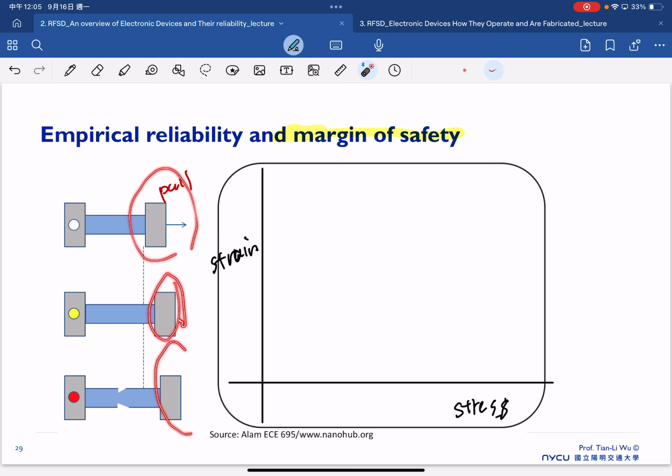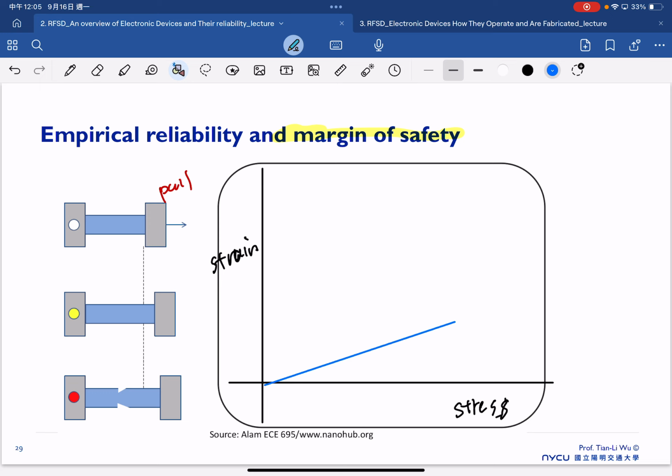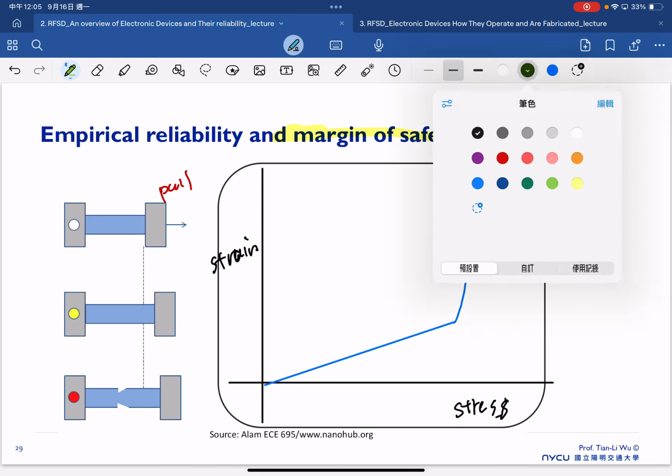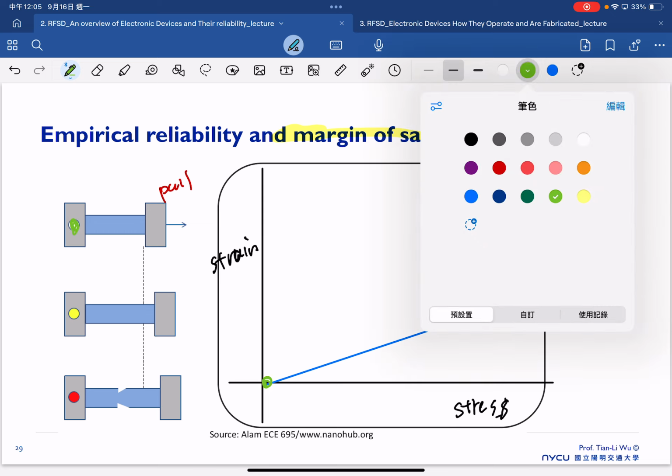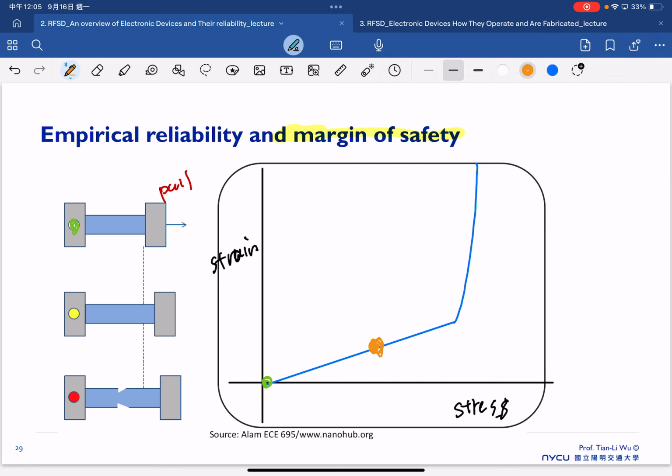But beyond a certain point, we start to see it break. So the strength of this material versus stress will probably look like this. This is the green region, yellow, and the last one is here. That's the failure point.